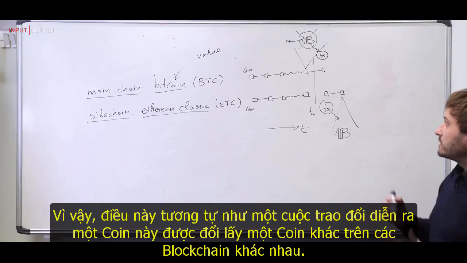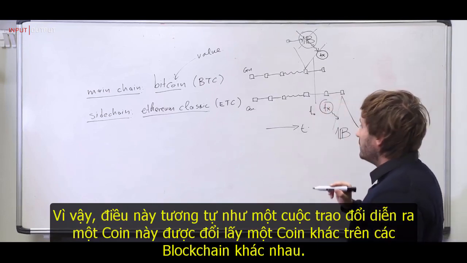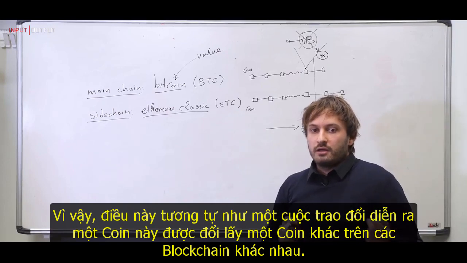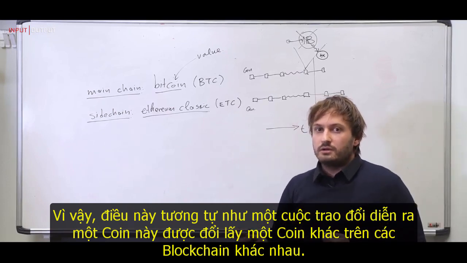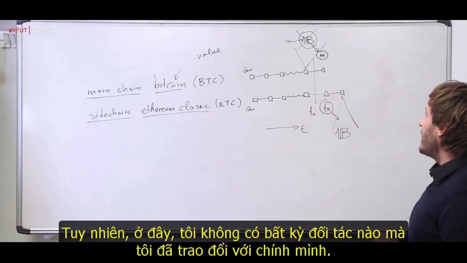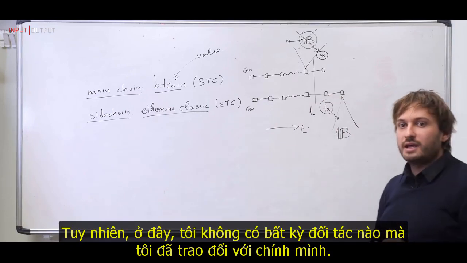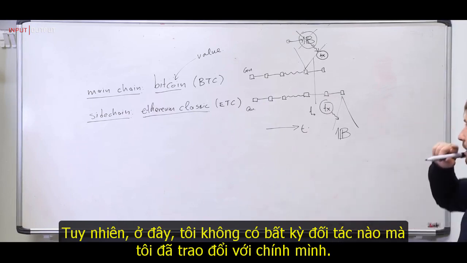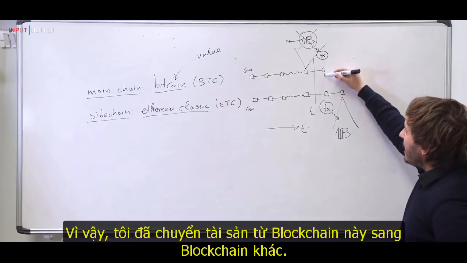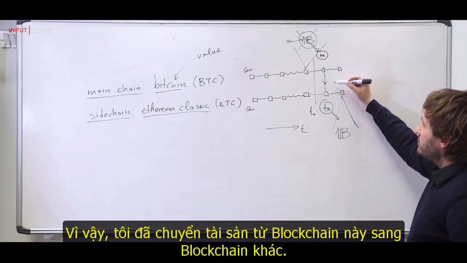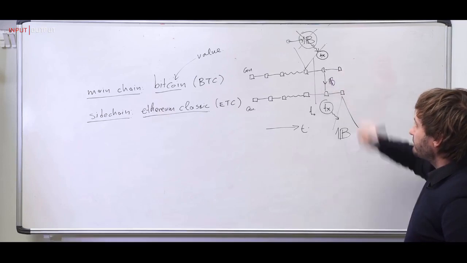So this is similar to an exchange taking place, a coin that is exchanged for another coin that live on different blockchains. However, here I don't have any counterparties. I don't have anyone that I have exchanged with. I just did this on my own. So I've moved value, I've moved an asset from one blockchain to another like this.